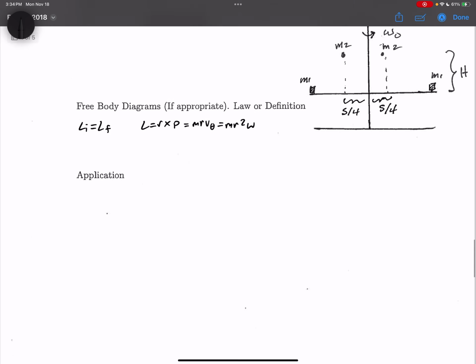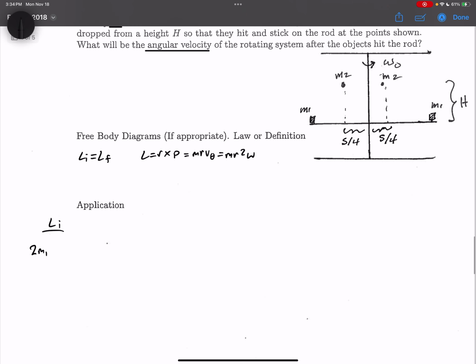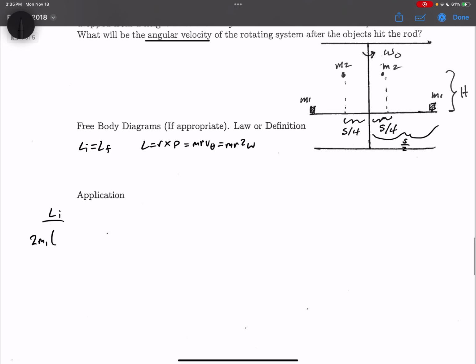Okay, so on the left, for L initial, we're going to have these 2 masses, so I'm just going to say 2m1 for the mass times, a massless horizontal rod of length s is attached to the center. Okay, so that means that this whole thing is s over 2. So s over 2 squared.